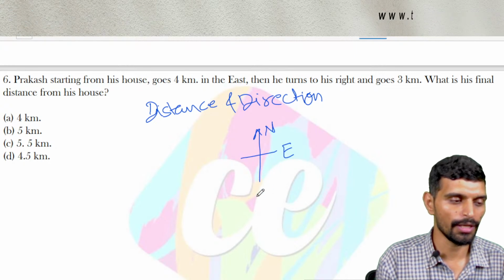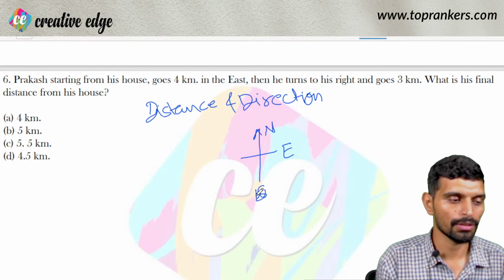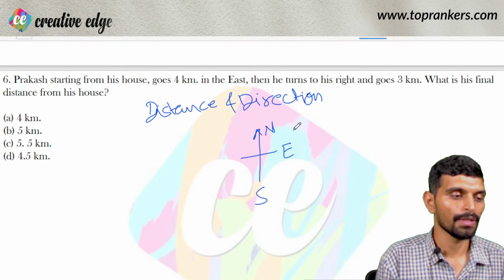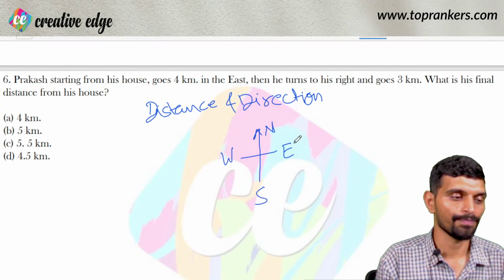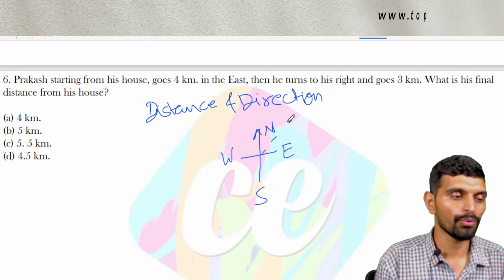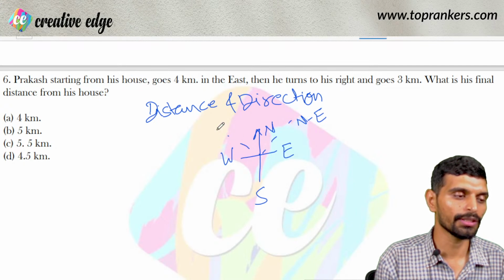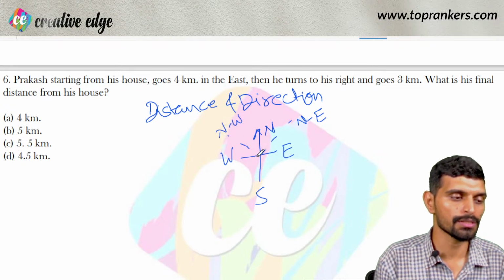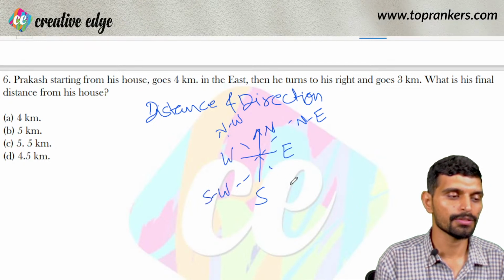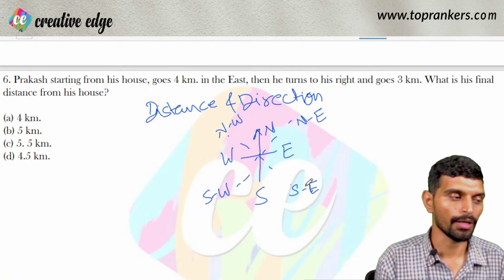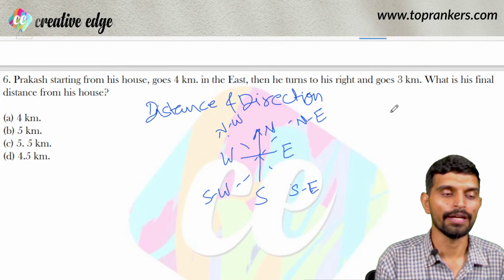At 90 degrees you will have east, opposite to north is south, and opposite to east it is west. If it is between north and east, the direction will be northeast. If it is between north and west, northwest. If it is between west and south, southwest. And if it is between east and south, southeast. Alright, so these are the directions that we need to consider.